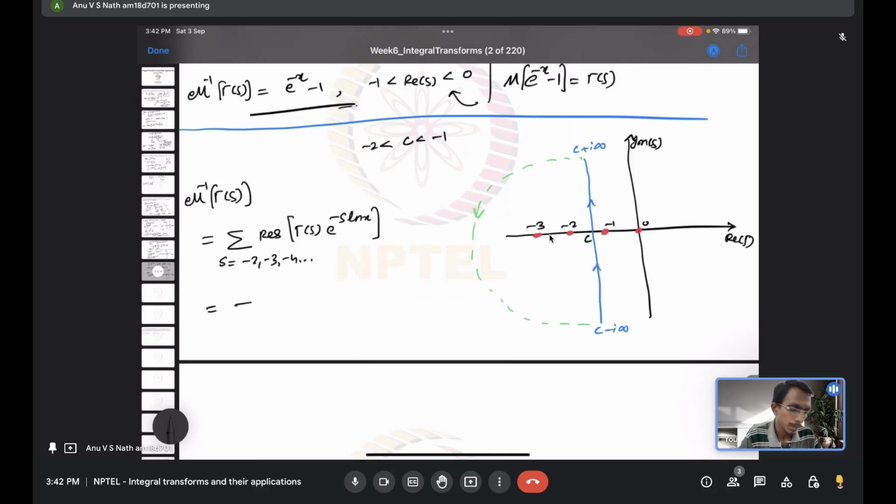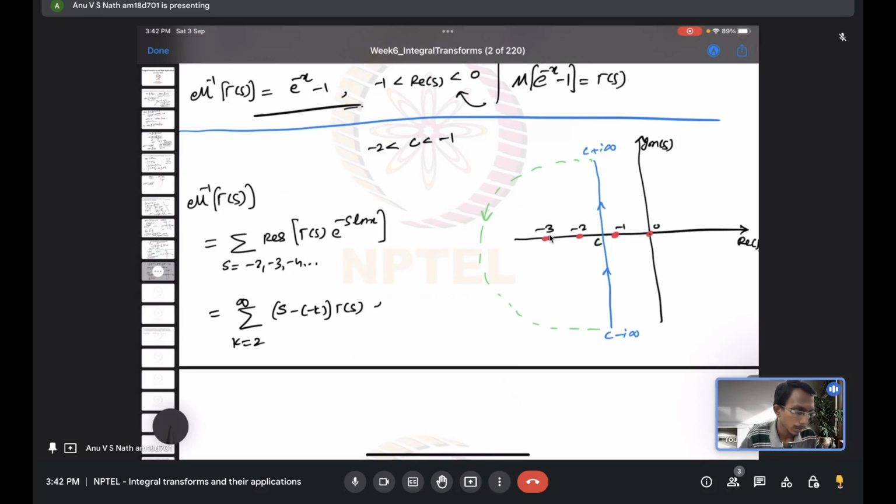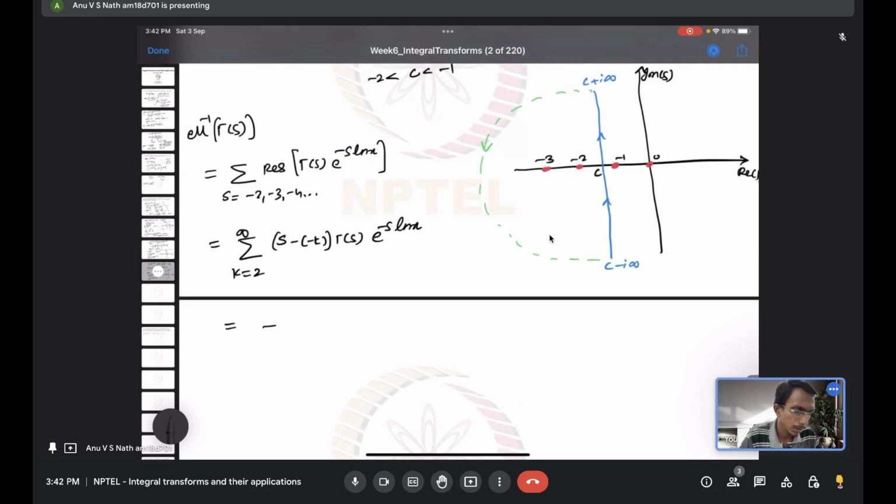Again the same procedure: because they are simple poles, we find the residues by multiplying with s minus k, where k goes from 2 to infinity over the integers, and again the function is e raised to minus s ln x. This boils down to the sum from k equal to 2 to infinity of (minus 1) raised to k by k factorial into x raised to k.